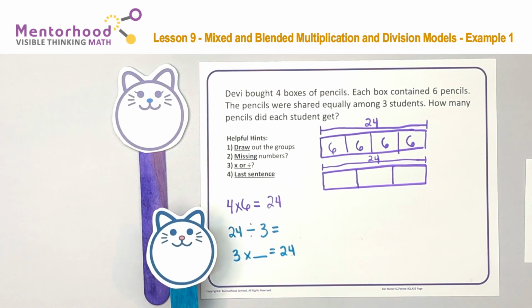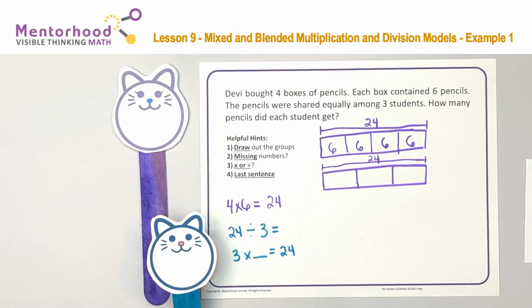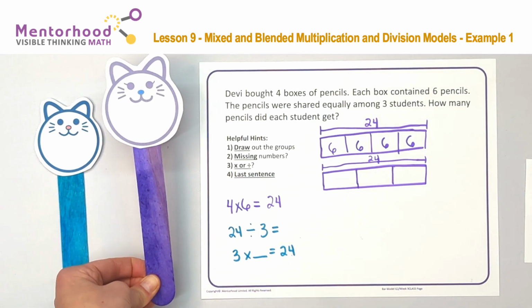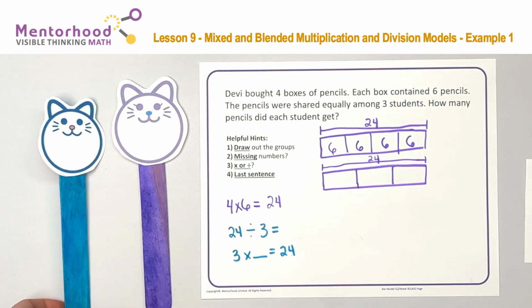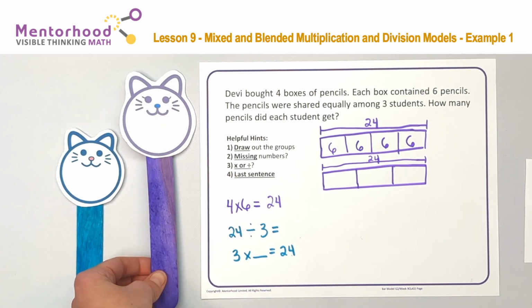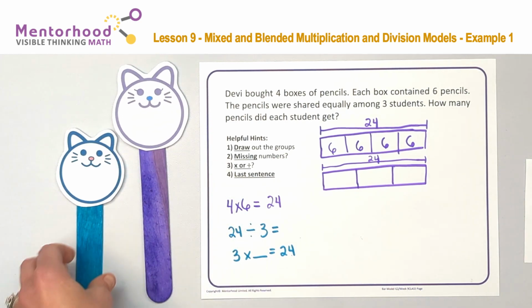Or, if I know my 3 times tables enough that 3 times what equals 24, I can write it in. Okay, let's give the kids at home a second to figure it out. Okay, I'm ready with my answer. All right, Matthew. 3 times what is 24? 8.